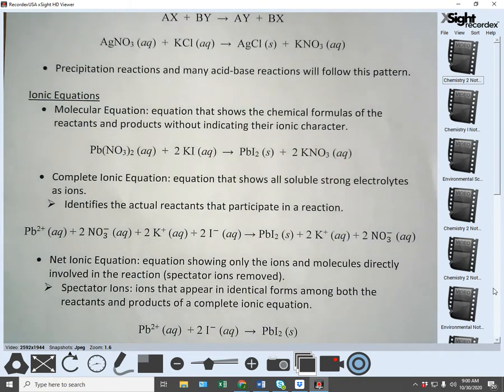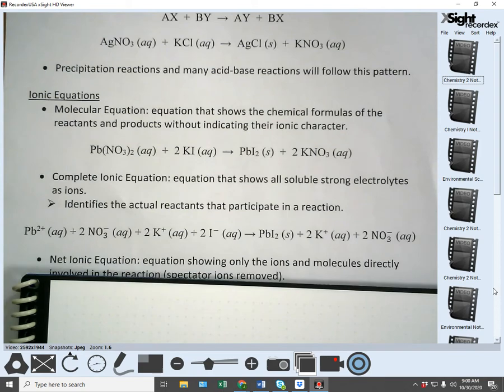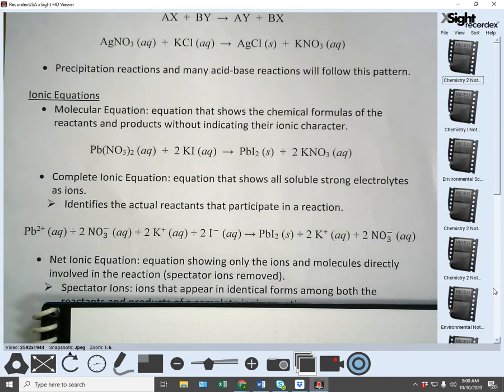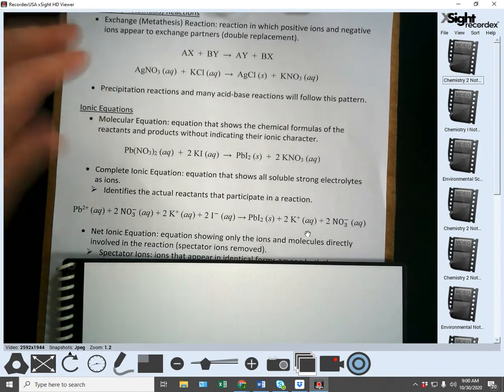Okay. So, what is this actually talking about? Well, let me zoom out a little so we can hopefully see this.